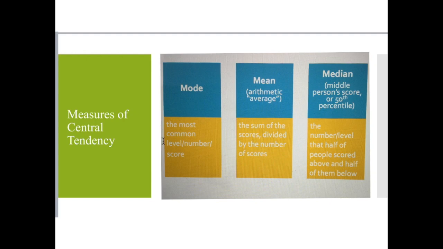So let's just look at this real quick. If we have 1, 1, 2, 3, 5, 6, 8, those are our numbers. In order to find the mode, we recognize that there are 2 ones. So our mode is going to be 1.